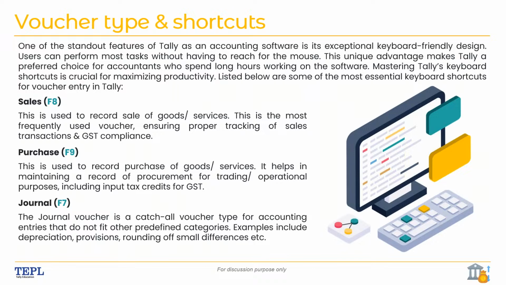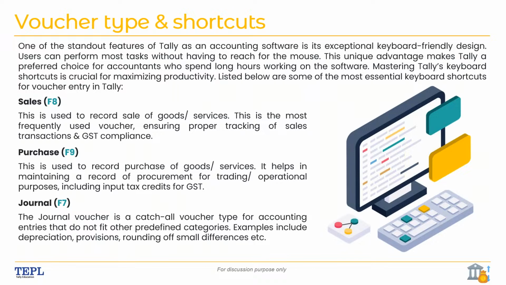The next one is purchase, where you record items in which you trade or items you use for your operating activities. That could be for procuring goods, for operational purposes, and also recording input tax credit correctly; we will use the purchase voucher.